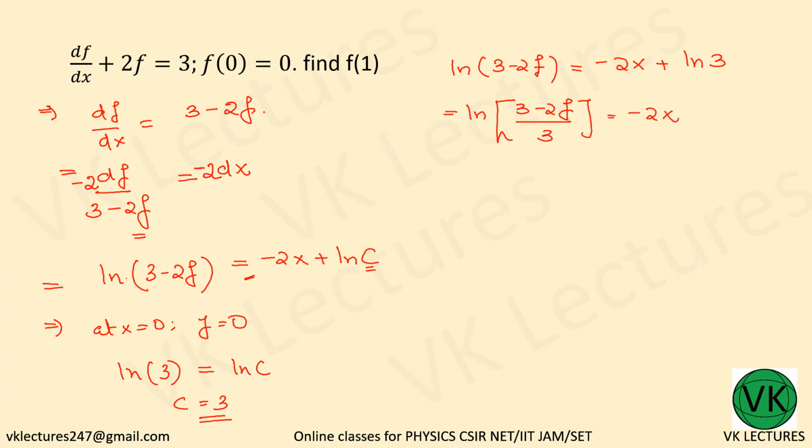So this you can write e to the power, then what you get is 3 minus 2f divided by 3 equal to e to the power minus 2x. Fine. So from here you can get 3 minus 2f is equal to 3 e to the power minus 2x.